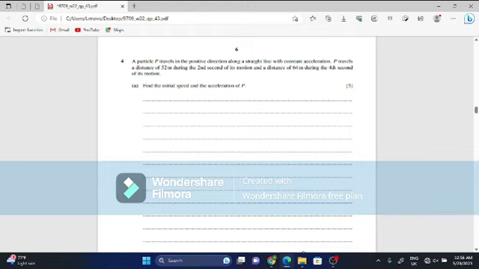Find the initial speed and the acceleration of P. Okay, so this whole scenario is divided into two parts. The first one is the second second of time, and the other one is the fourth second of time. So I will calculate the distance for the first scenario and the distance for the second scenario.